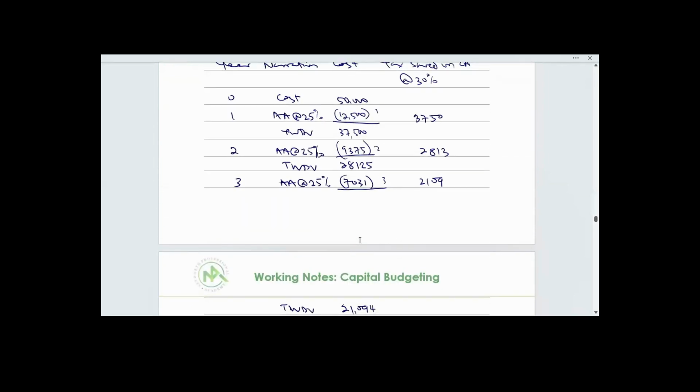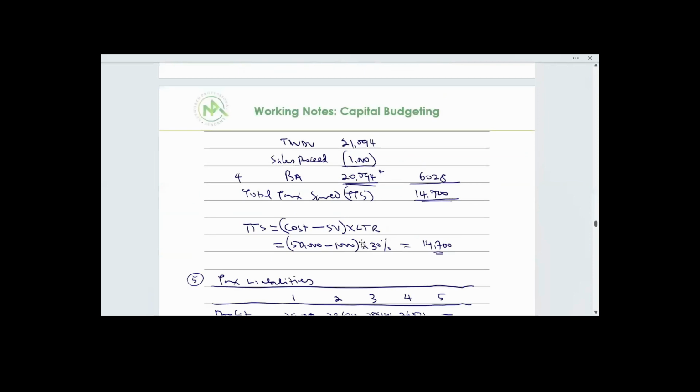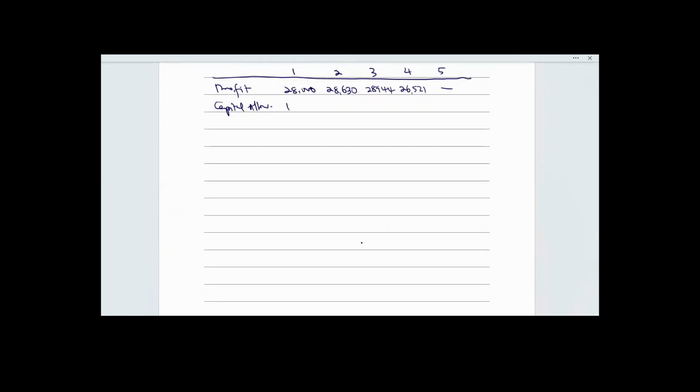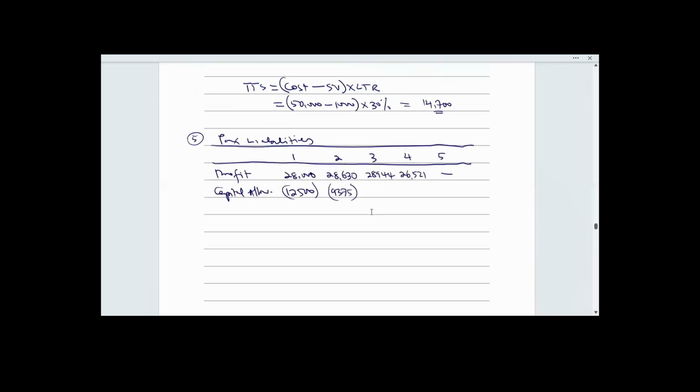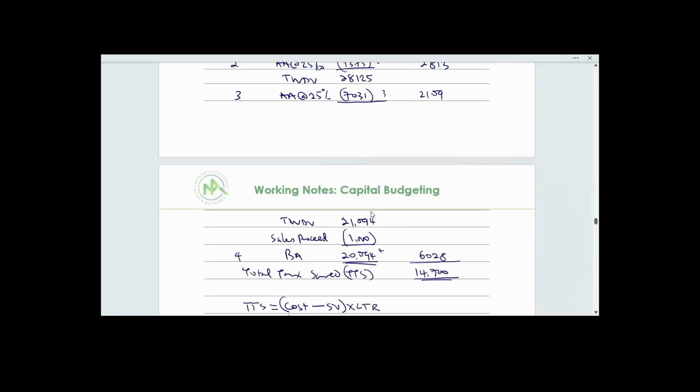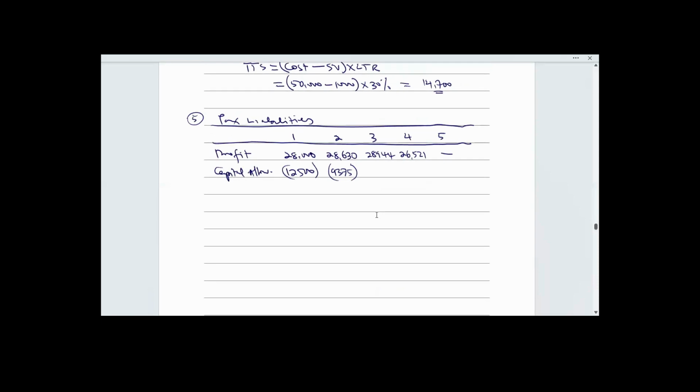Capital allowance for the first year is 12,500. Capital allowance for the second year is 9375, I think. Let me go and confirm. 9375. Okay, yes. Then the third one is 7031.